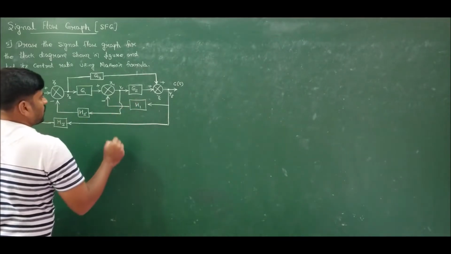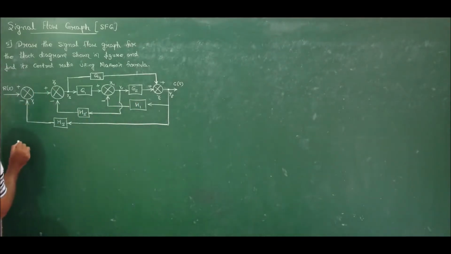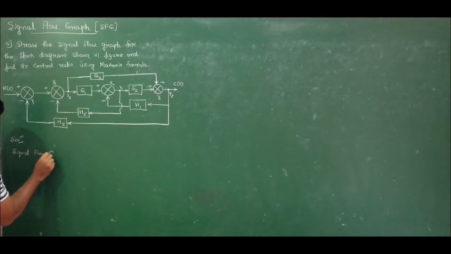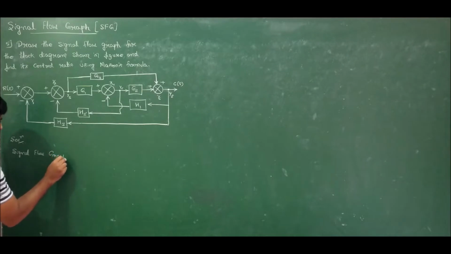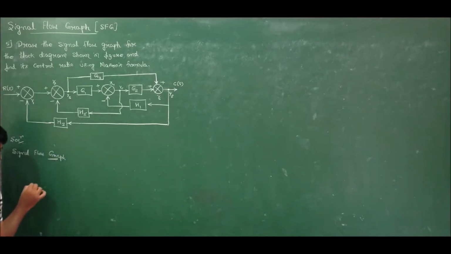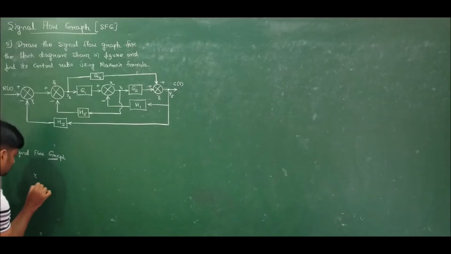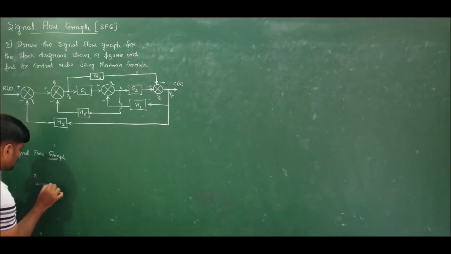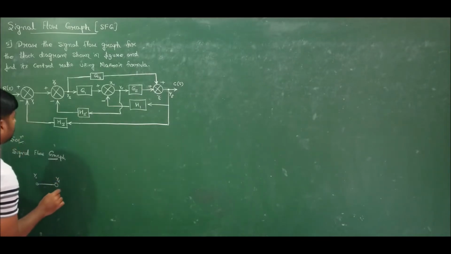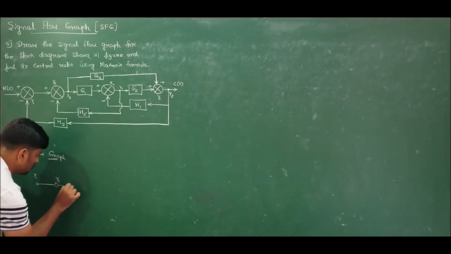If I replace the summing points and takeoff points by nodes, then we will get the equivalent signal flow graph for the given block diagram. Let me replace this by nodes. So this is node number y1 and we have node y2, which is a summing point, y3 is a takeoff point.